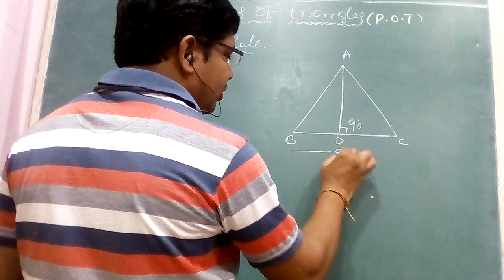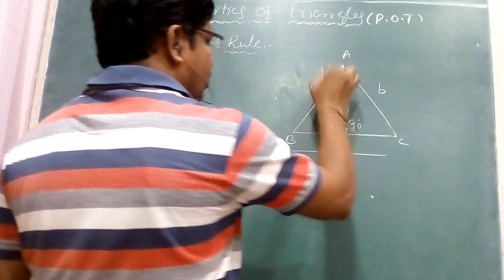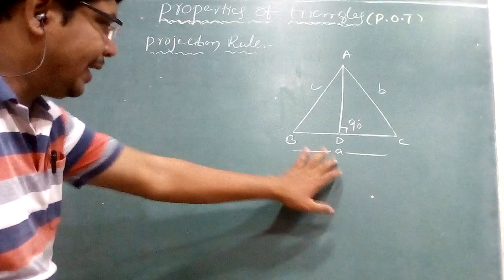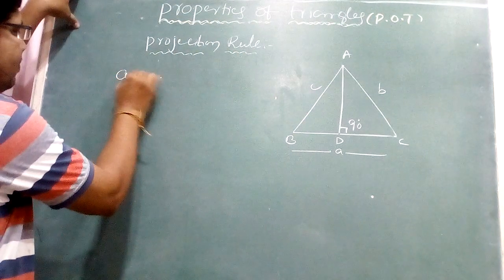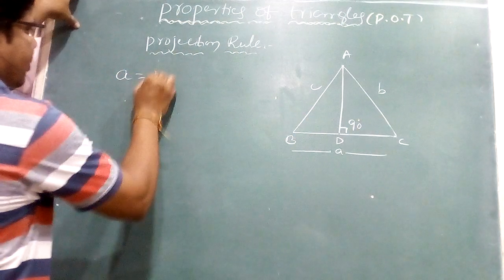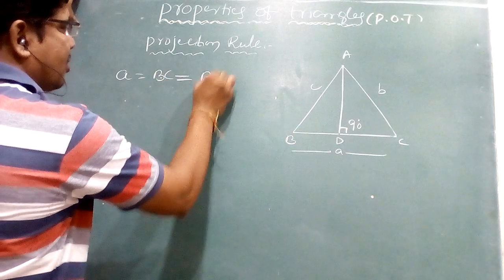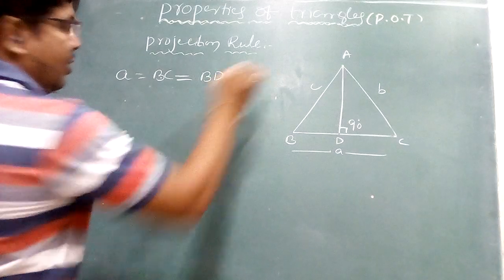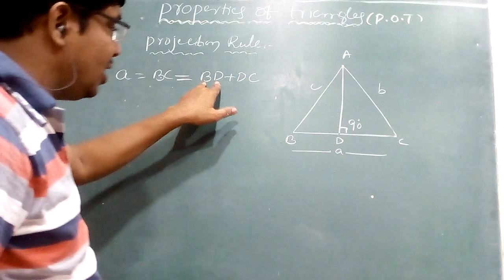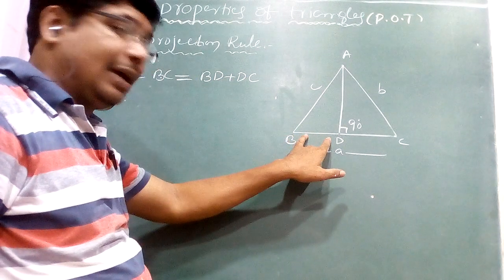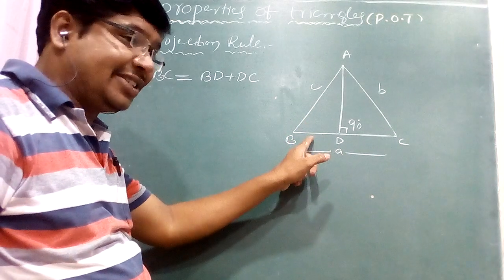This is small a length, small b, small c. Now we can write small a is equal to BC, and BC can be written as BD plus DC. How to find the BD value? I am taking this angle, that's why it is the adjacent side.